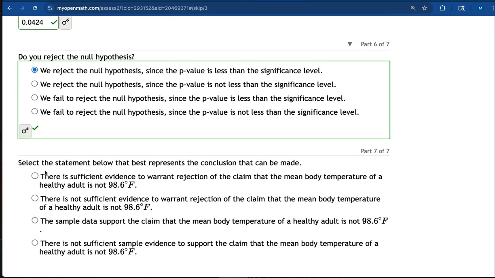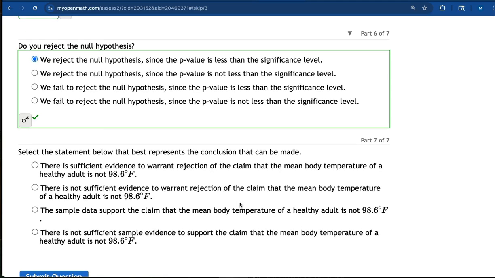So our summary statement: select the statement below that best represents the conclusion that can be made. Remember, when we reject the null hypothesis, that means that we have sufficient evidence. So we have sufficient evidence to support the claim that the mean body temperature of a healthy adult is not in fact 98.6 degrees Fahrenheit.